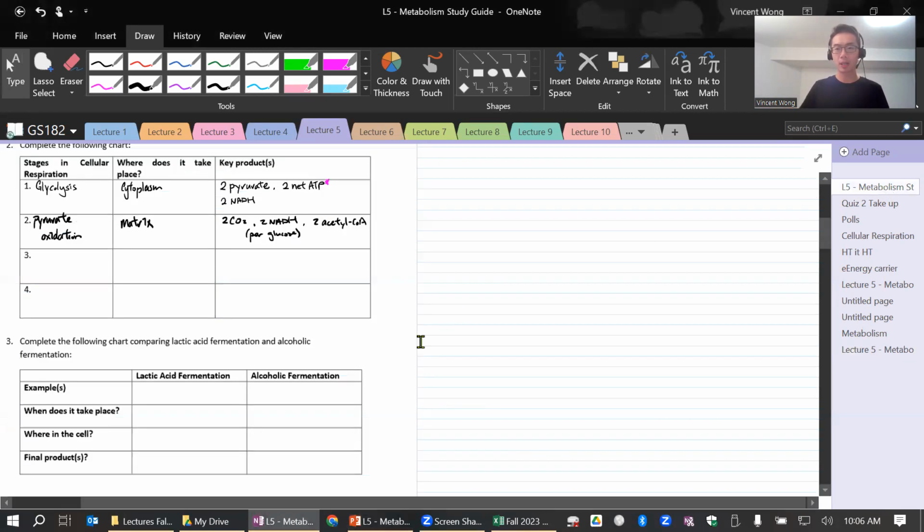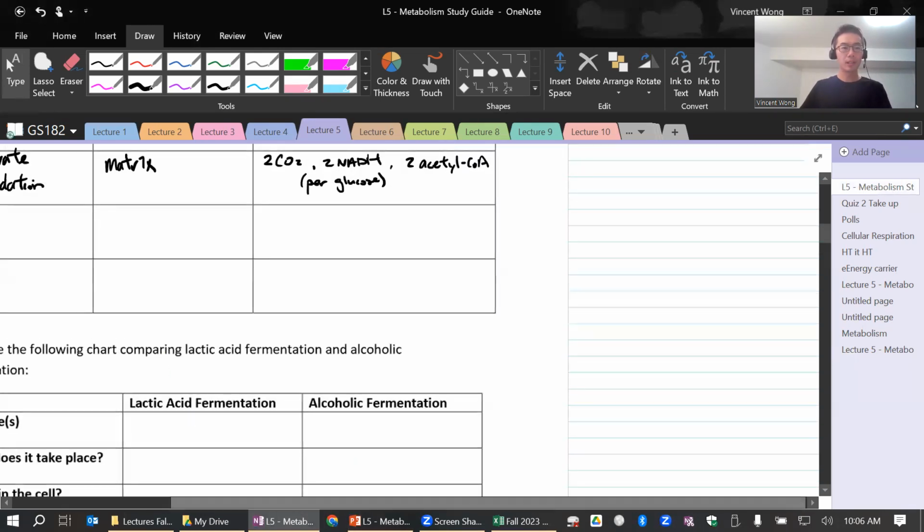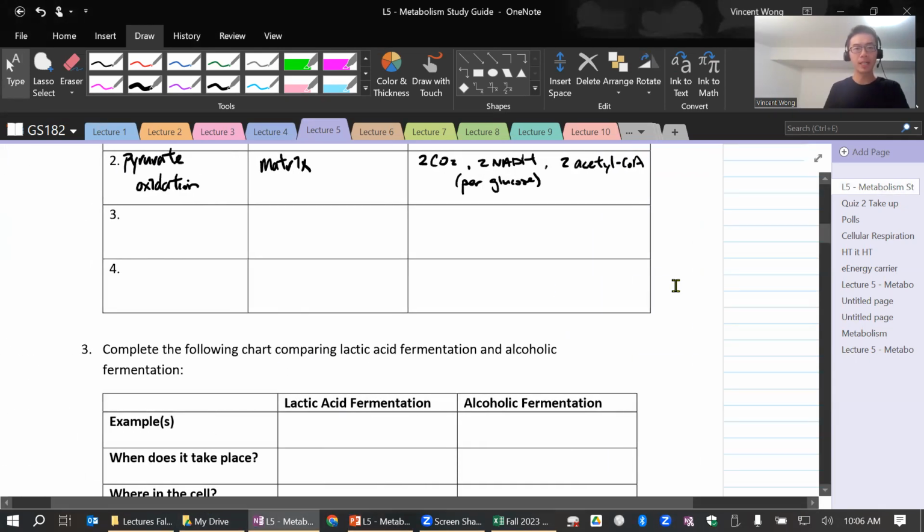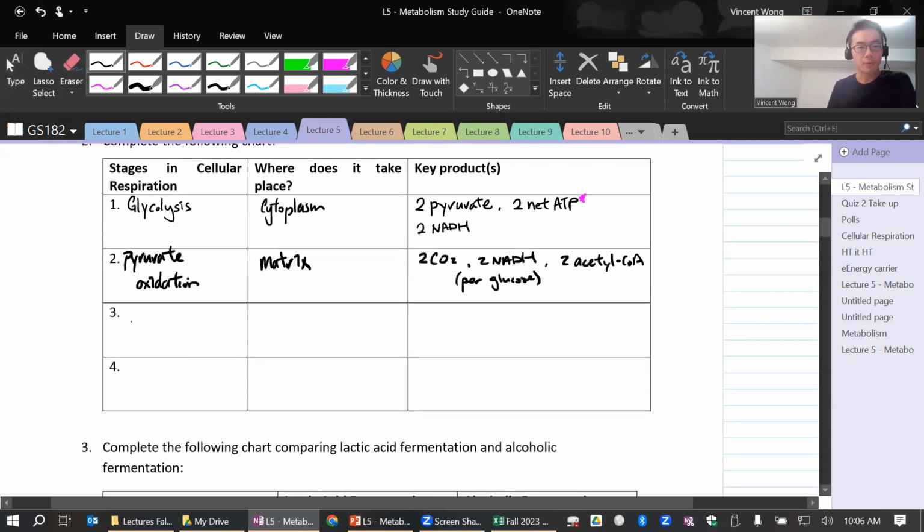All right, so let's go back to this chart. Over here, we have number 3, which is the Krebs cycle, right? Krebs, that's a person's name. And that also happens in the matrix. Now I'm talking about per glucose. Per glucose, we have 4 carbon dioxide, 2 ATP, 6 NADH, and 2 FADH2.